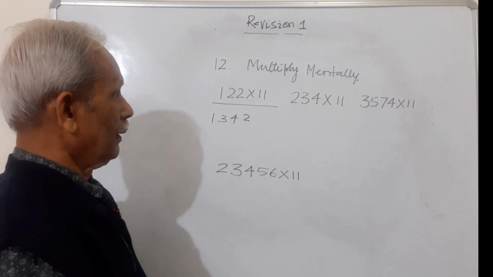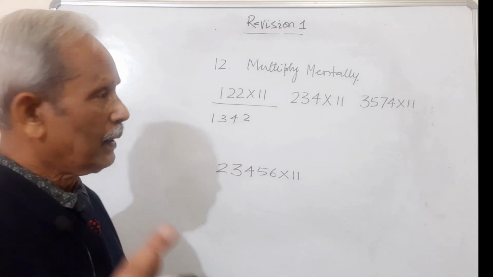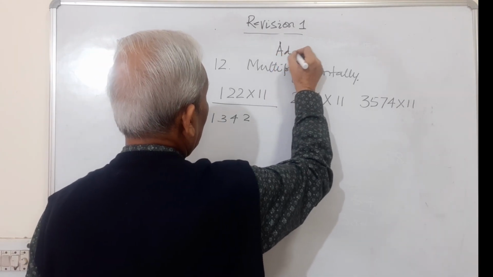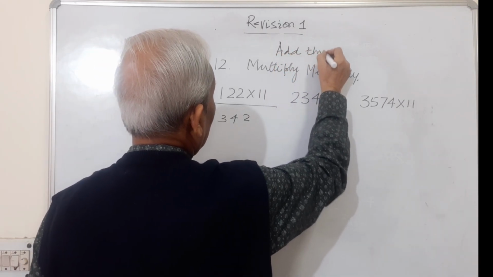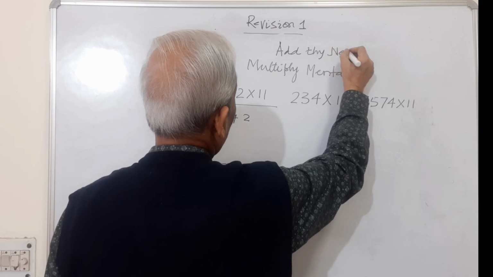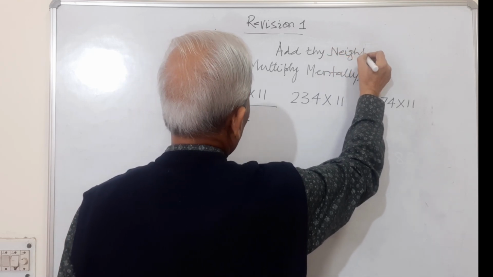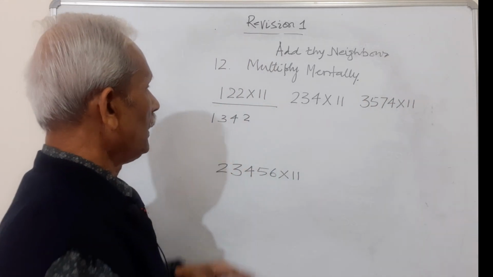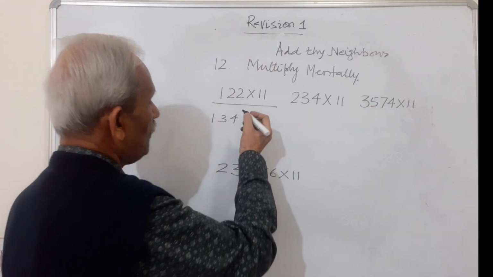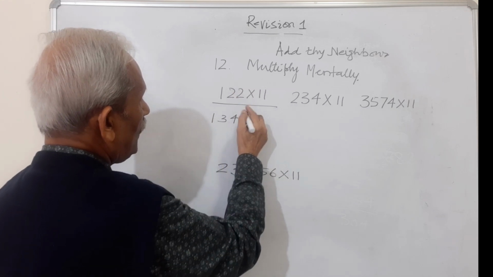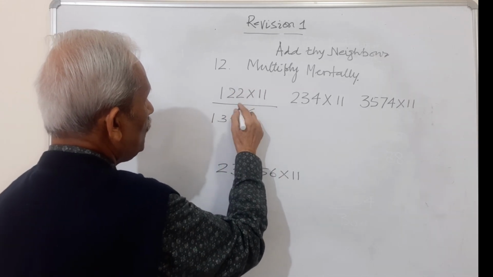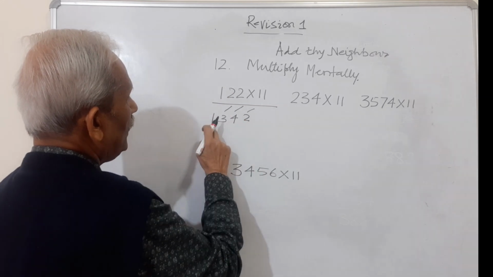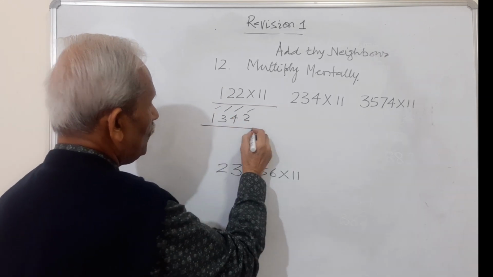2, 4, 3, 1. If you remember, I said you add thy neighbor. You have to add your neighbor with it, right? So here 2 plus 0 is 2, 2 plus 2 is 4, 1 plus 2 is 3, 0 plus 1 is 1, answer is 1, 3, 4, 2.